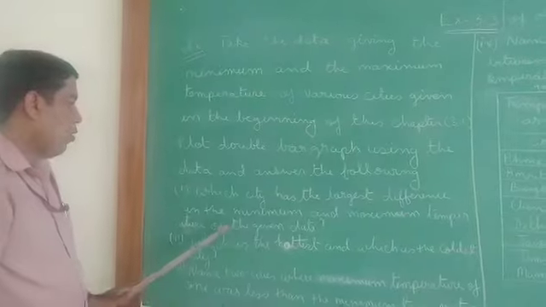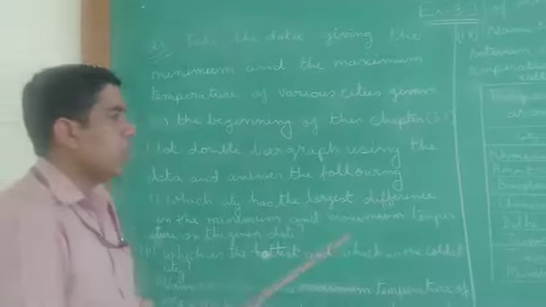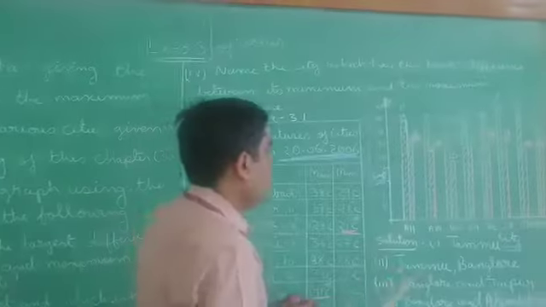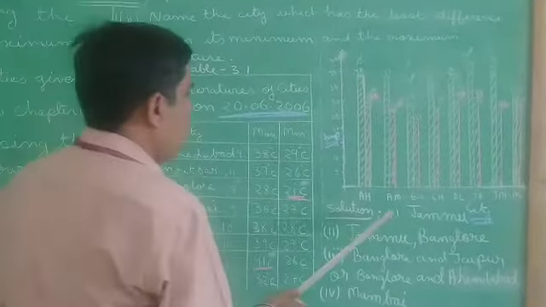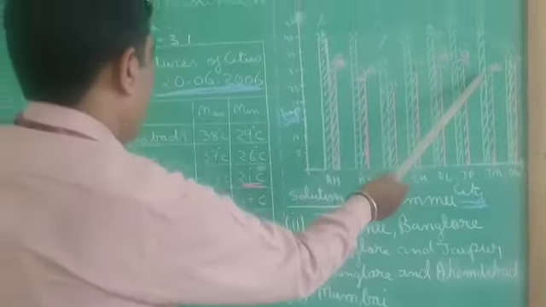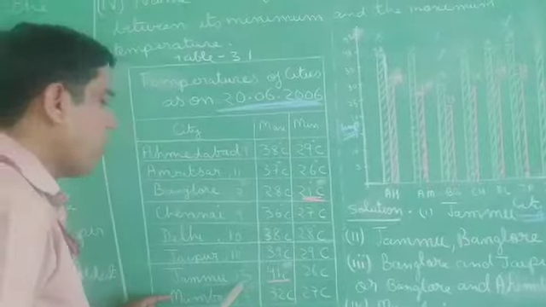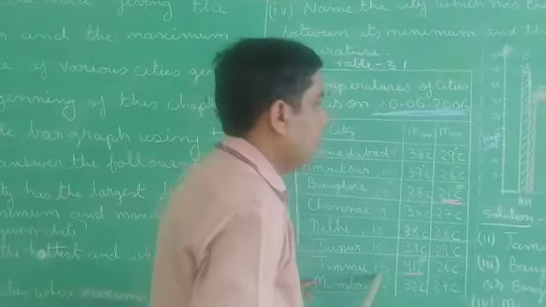Which city has the largest difference? You can see Jammu is the answer. Jammu has a gap of 15 degrees. So we got the answer, 15 degrees.